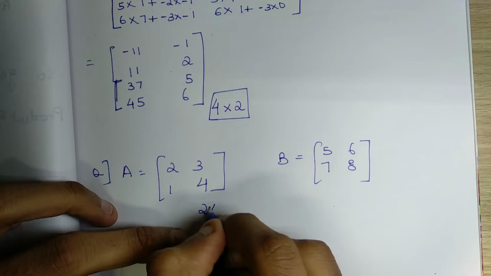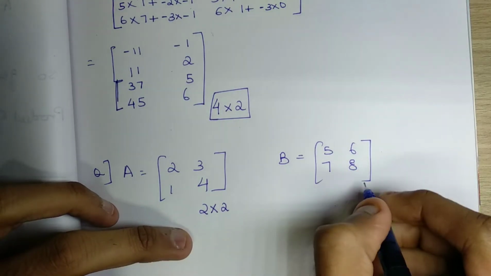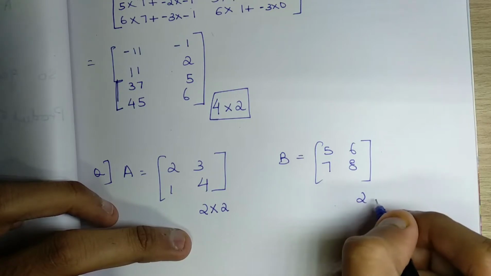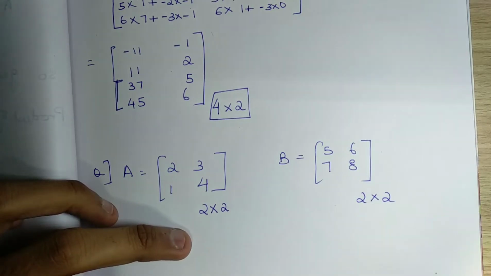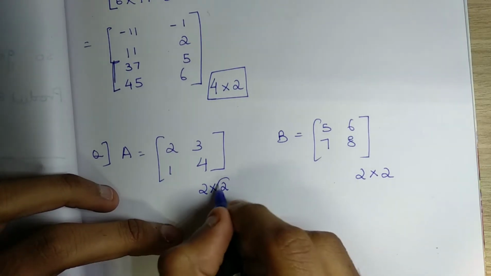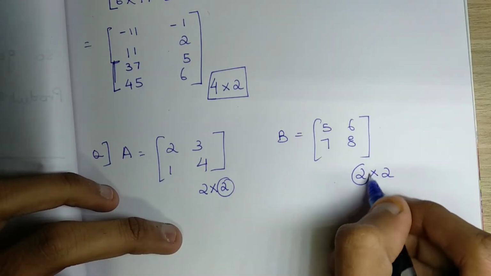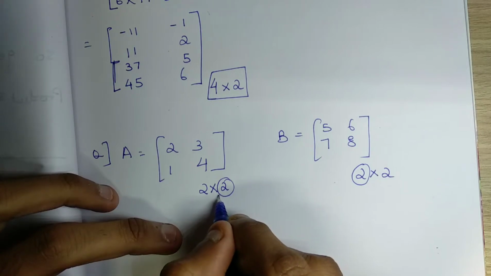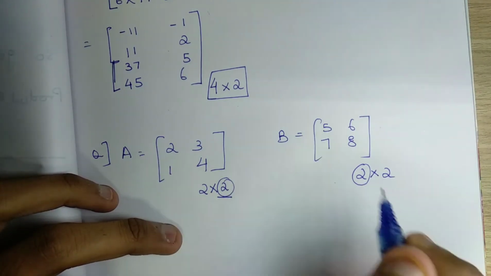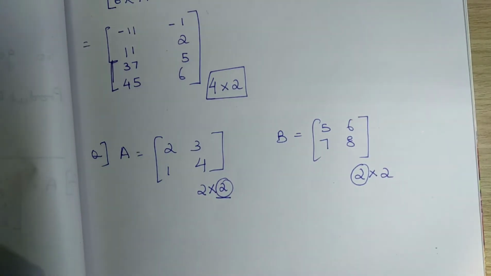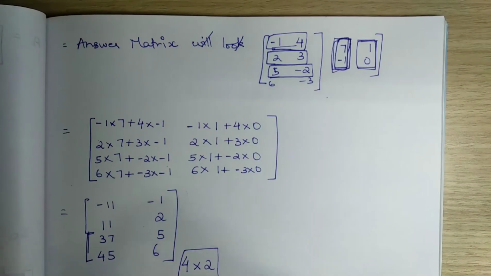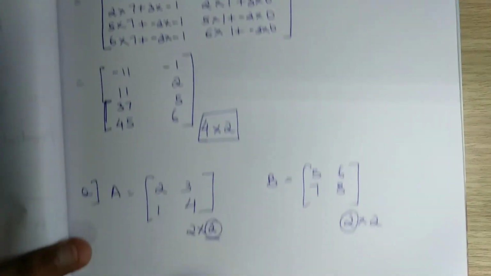A is a matrix of order 2 by 2 and B is a matrix of order 2 by 2. So over here the multiplication is possible since the column of matrix A is equal to the row of matrix B. So let's just follow the steps as we did in the first sum again.